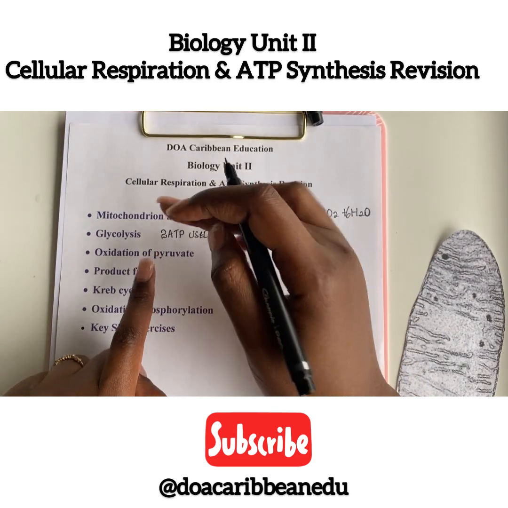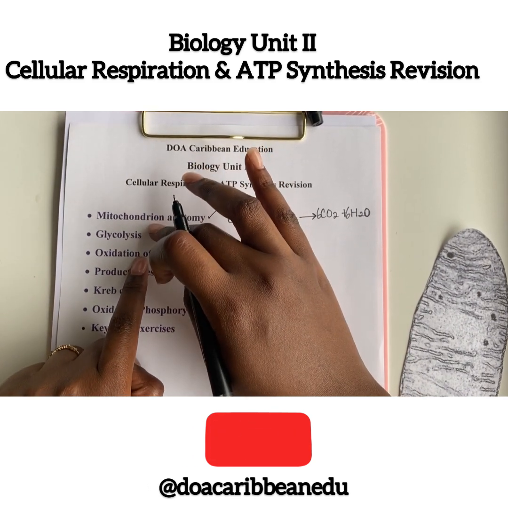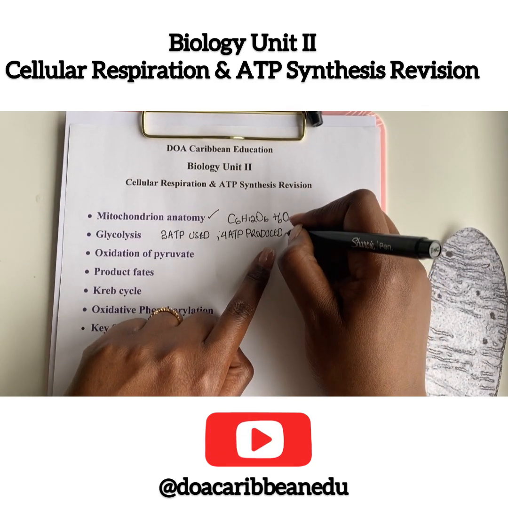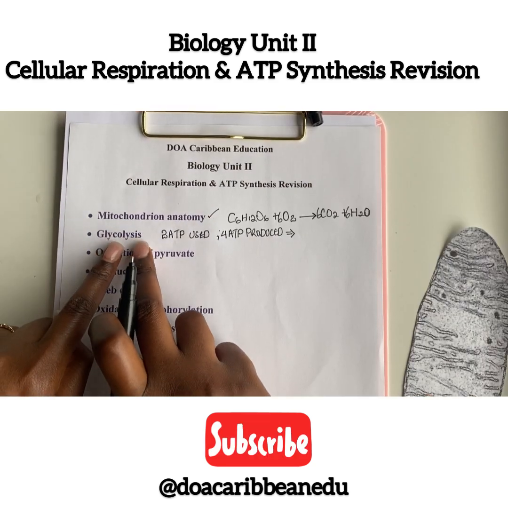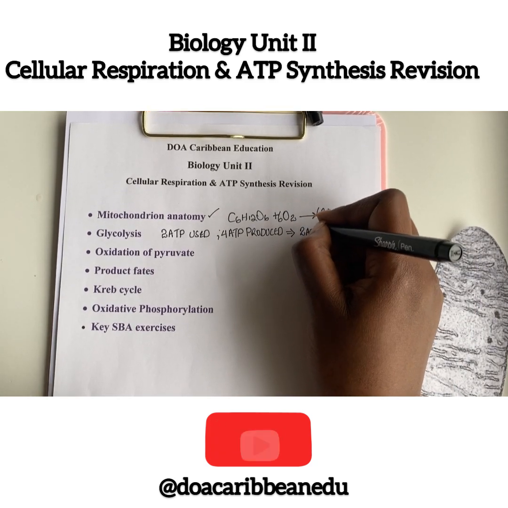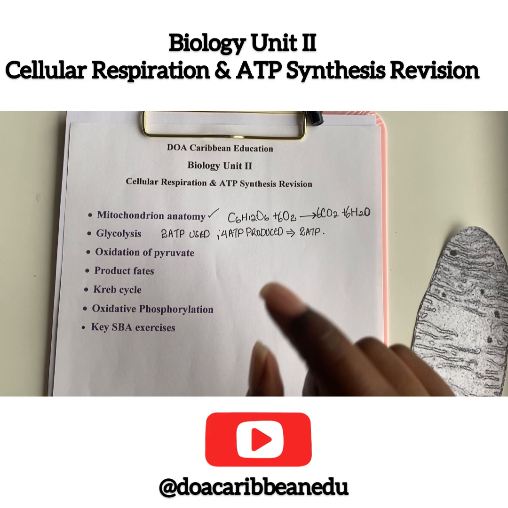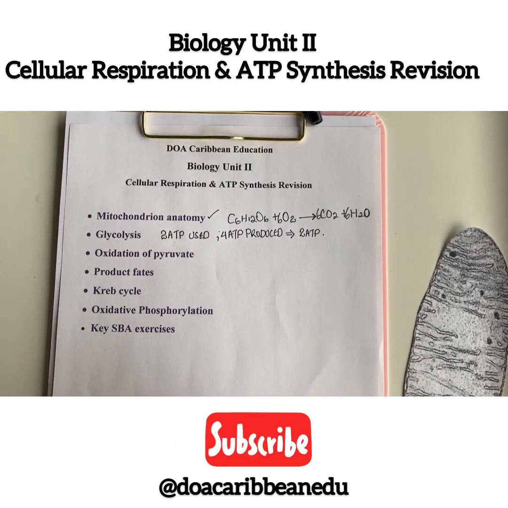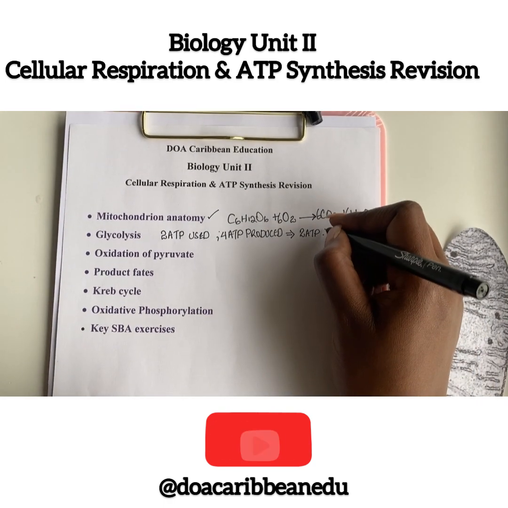Guess what? During the process of glycolysis, we produce 4. We would say that, therefore, there's a net gain of 2 ATP molecules. And it's also important to note that during the process of glycolysis, NADH molecules are also produced.